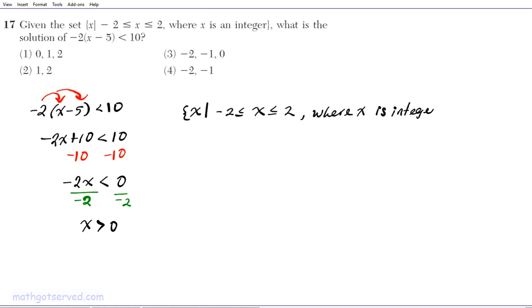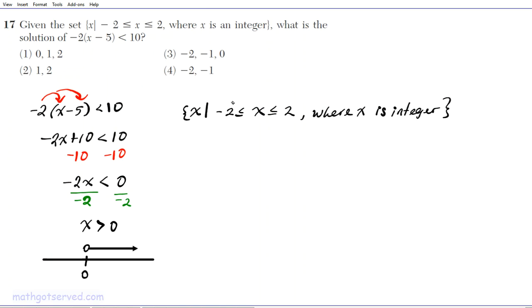So you need to know what your integers are. Alright, so if I want to graph this one, the first solution is a number line where we have zero excluded. So you have an open circle and everything to the right, greater.